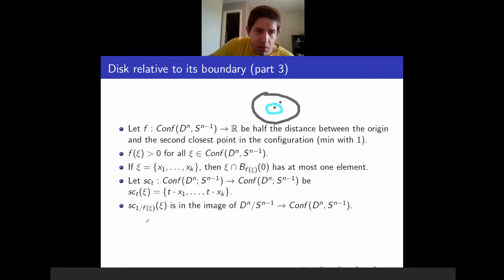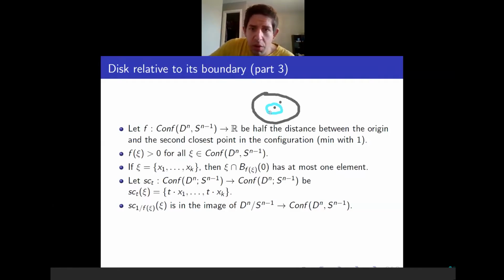I guess the observation is that if you scale a configuration by 1 over f of the configuration, you're going to have at most 1 point.